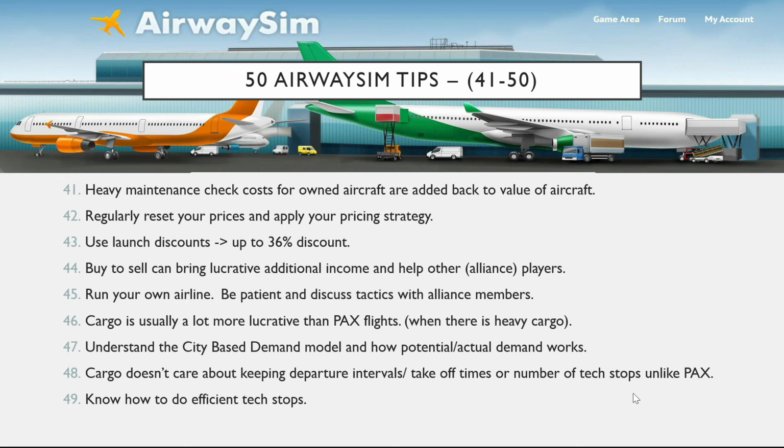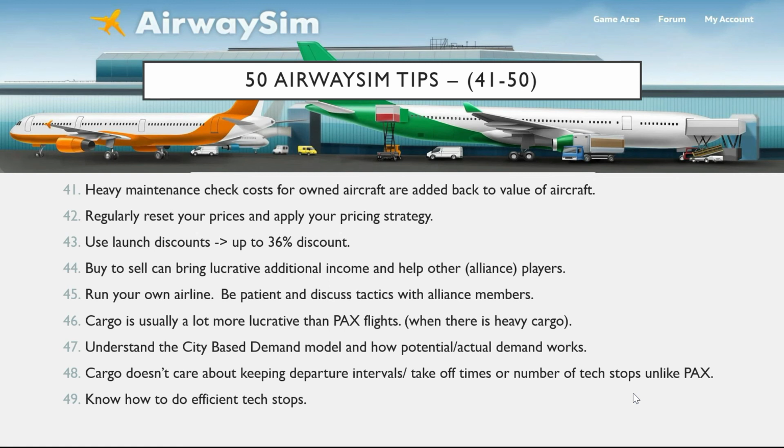So you've got to understand which bases you want to stop at to make the most efficient scheduling. I haven't done this yet, but I will create a video on how to do efficient tech stops. So keep an eye out on my channel to check out this video, on how to efficiently schedule where you need to do the tech stop and how I go about finding the best stopover places.